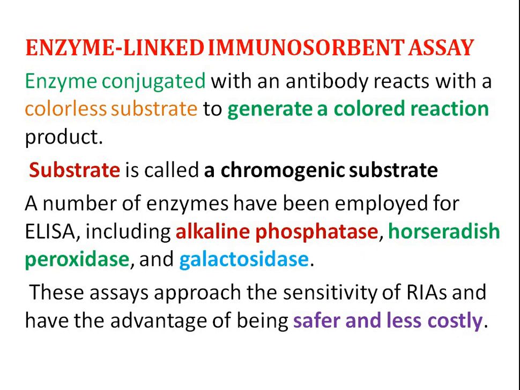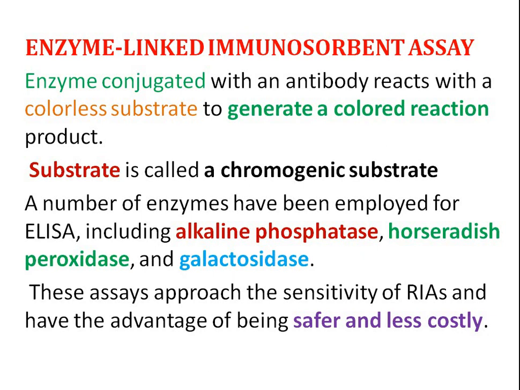A number of enzymes have been employed for ELISA, including alkaline phosphatase, horseradish peroxidase, and galactosidase. These enzymes are used to conjugate with the antibody molecules.